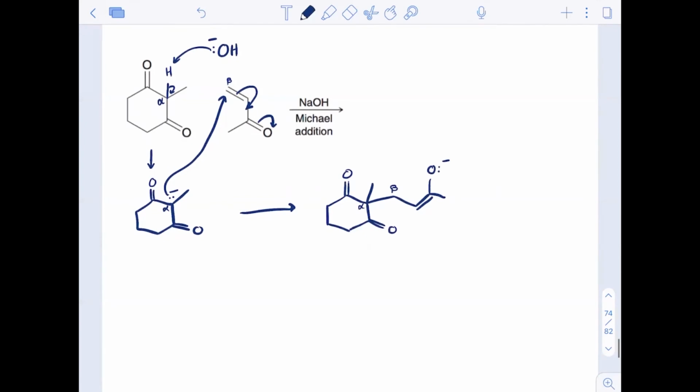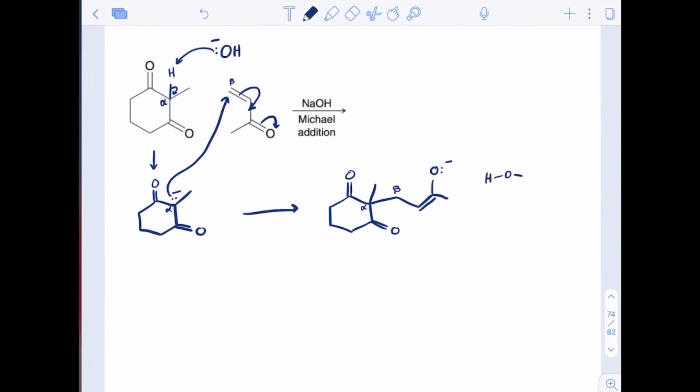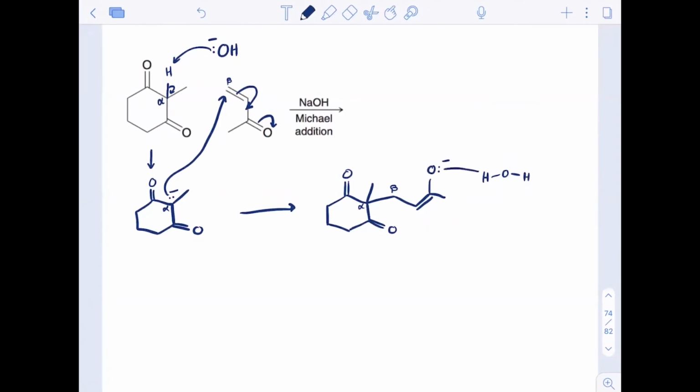And then H2O can go and form the enol. Nice. That enol can then tautomerize to the ketone.